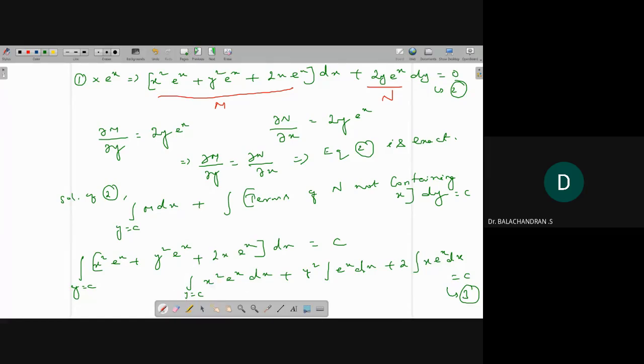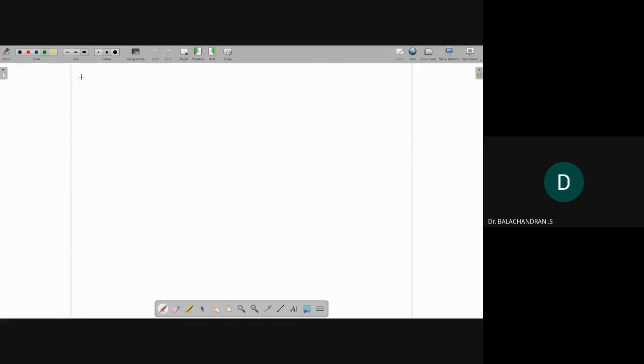You can use integration by parts, but now I am going to use Bernoulli's formula for integration. Bernoulli's formula is: integral uv dx equals u v1 minus u' v2 plus u'' v3 minus u''' v4 plus u'''' v5 and so on.